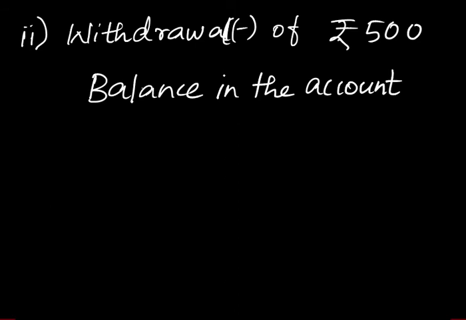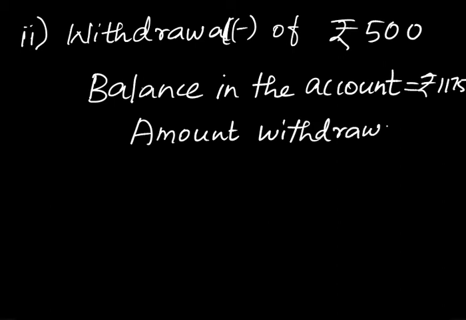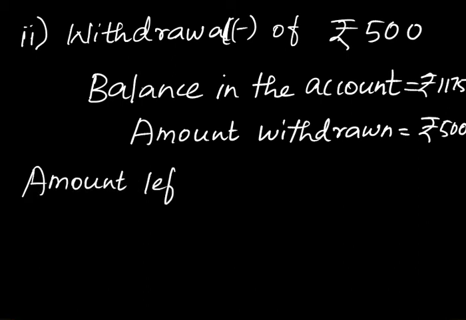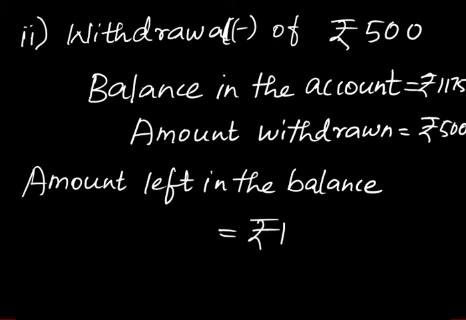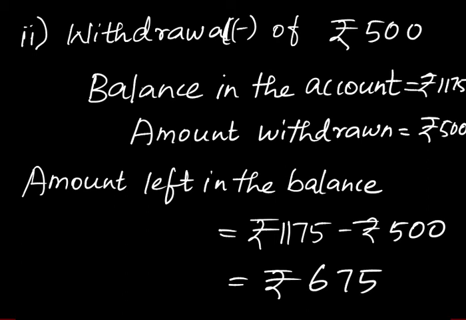In that he is taking 500 rupees. So amount withdrawn is equal to 500. So amount left in the balance is equal to, subtract 500 from 1175. You'll get 675 rupees. So now in his account 675 rupees is the balance.